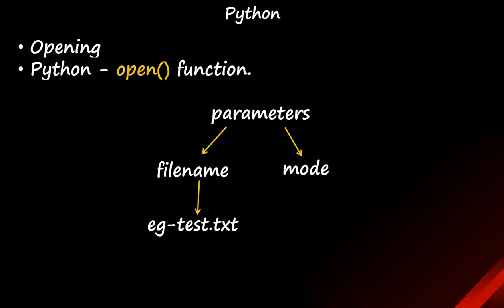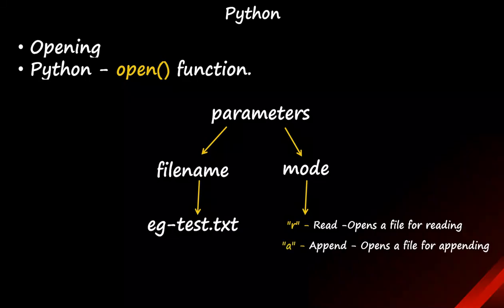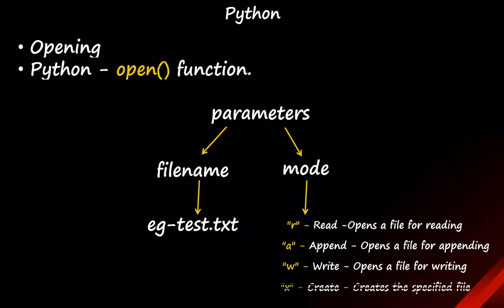You can create a file in any path and give a file name like test.txt. Then the mode. If you want to read a file, R is the mode. If you want to append, which opens a file for appending, meaning adding data into an existing file. Then writing into a file is the write mode, W, and X will create a new file with a specified path.